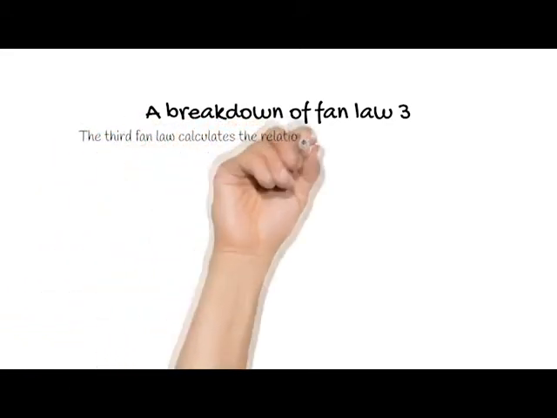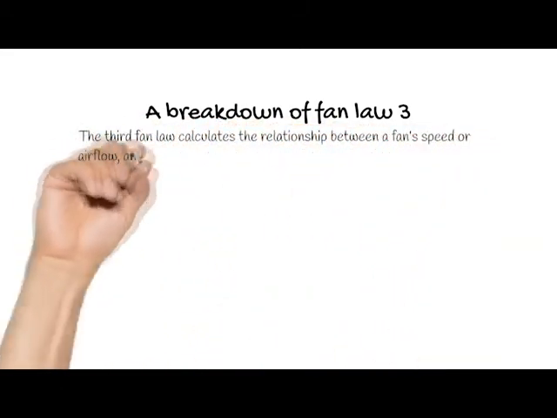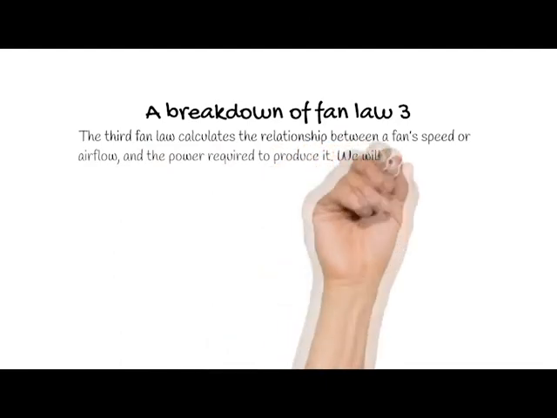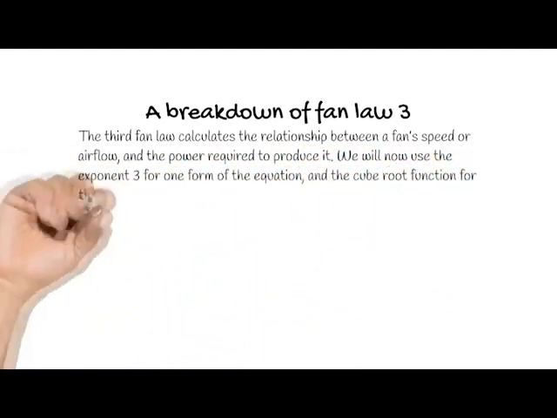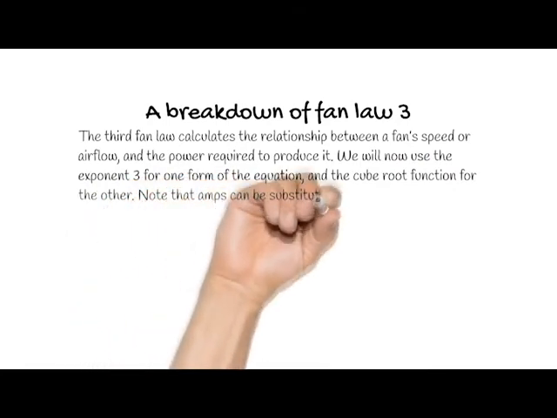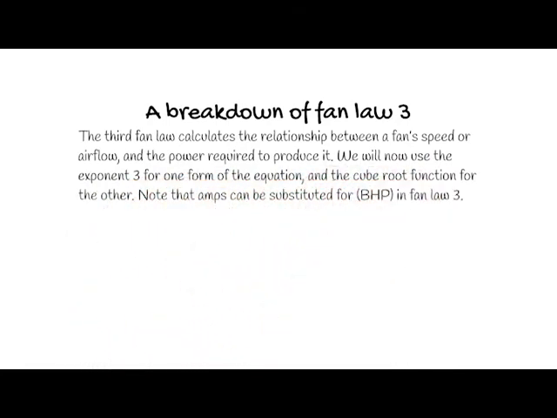On to fan law 3. The third fan law calculates the relationship between a fan's speed or airflow and the power required to produce it. We will now use the exponent 3 for one form of the equation and the cube root function for the other. Note that amps can be substituted for brake horsepower in fan law 3.